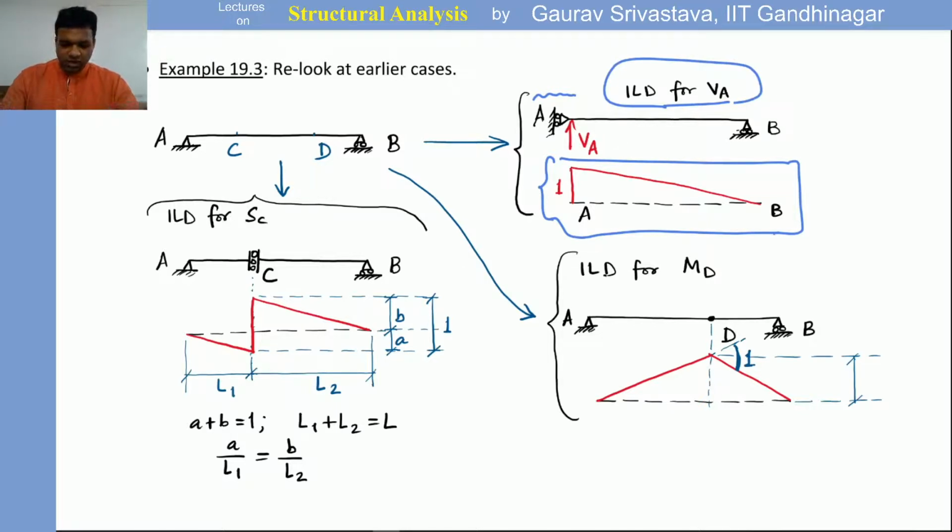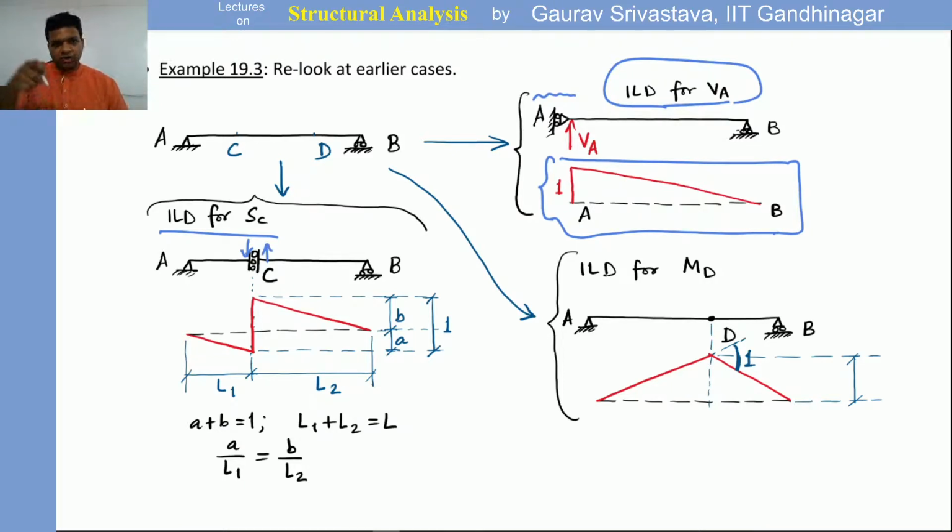Similarly, we may look at the influence line diagram for shear force at C. In this case, we will cut the beam at C in a way that they are guided fixed type supports, and due to sign convention, we will apply the displacements as shown by the arrows.